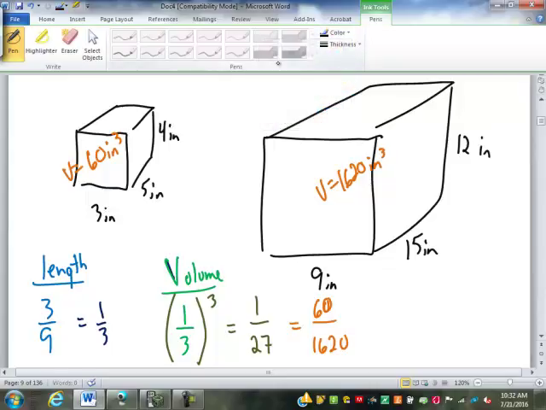Now again, with simple boxes, I wouldn't go through this ratio. I'd just find the volume. It's really easy to do.